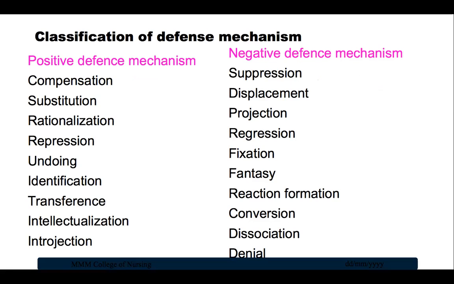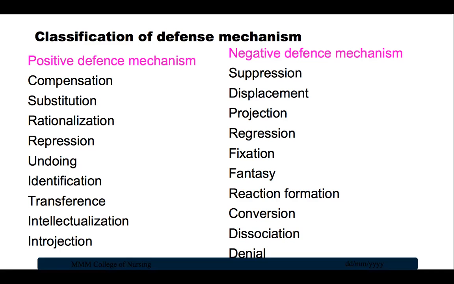These are mainly classified according to their results, that is positive defense mechanisms and negative defense mechanisms. Examples of positive defense mechanisms are compensation, substitution, sublimation, rationalization, repression, undoing, identification, transference, intellectualization, and introjection.